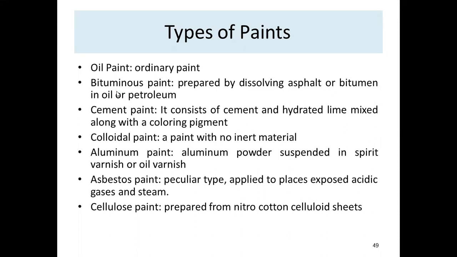Also, it offers good resistance to heat and electric current, and it has high spreading and covering power. It means aluminum paint will spread over a large area, and also with a less amount of paint we can cover a large area.